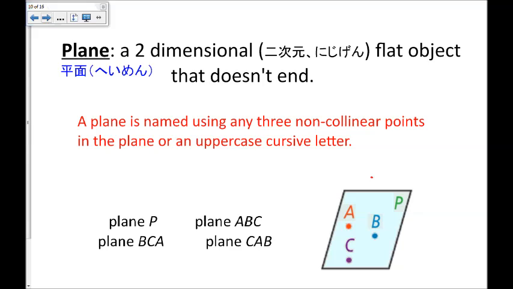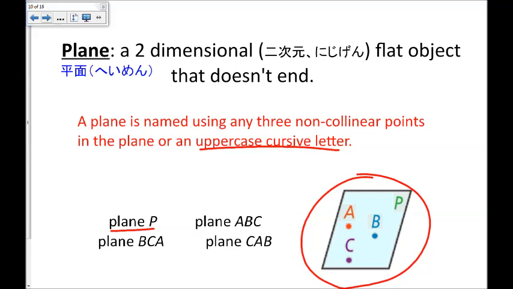So this plane could be named plane P using an uppercase cursive letter or using any three non-colinear points. So plane ABC, plane BCA, or plane CAB. Those are all good.